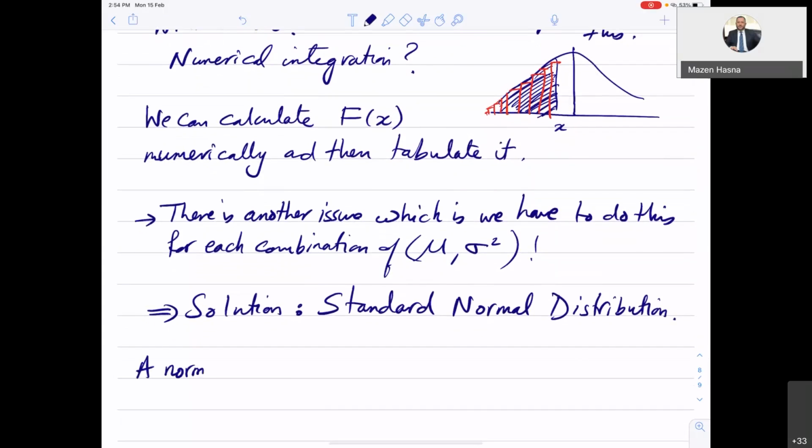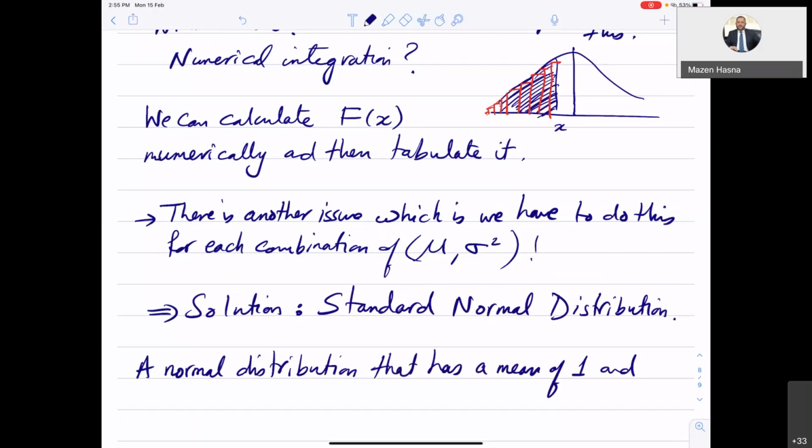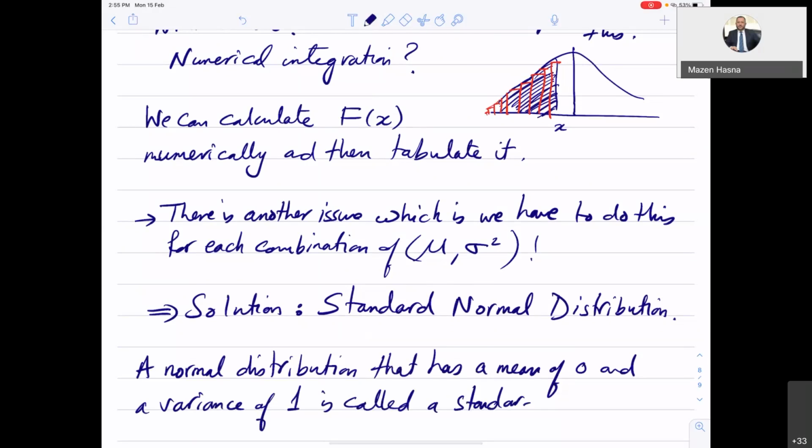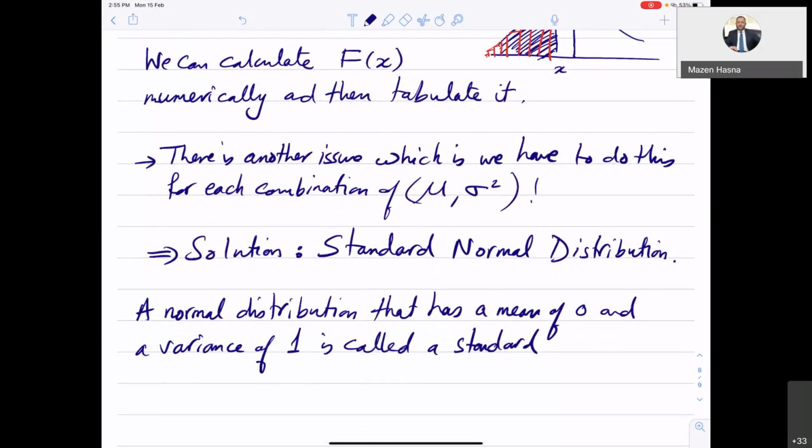A normal distribution that has a mean of 0 and a variance of 1 is called a standard normal. So it's just notation. I have a special normal distribution which has a mean of 0 and a variance of 1. I will call it a standard normal, and I will call it Z.